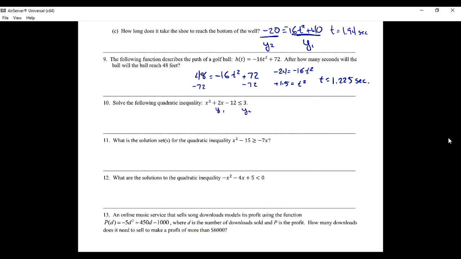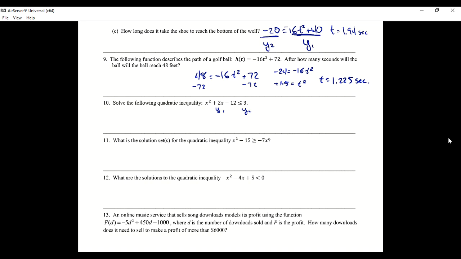So in y1, x squared plus 2x minus 12. And then in y2, we're simply going to put 3.